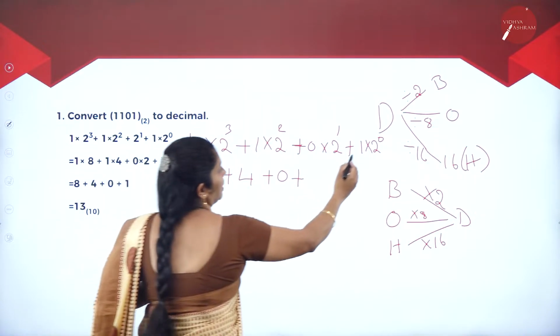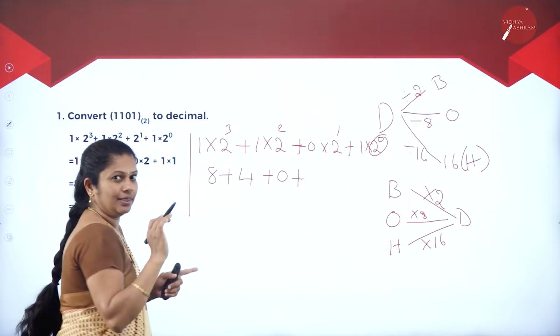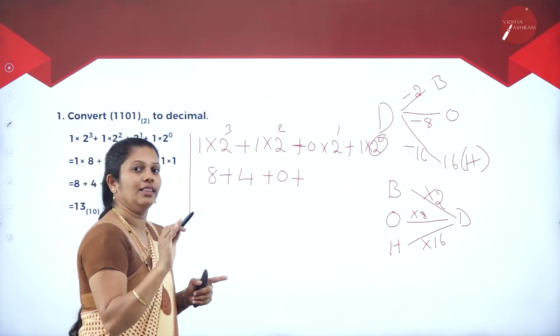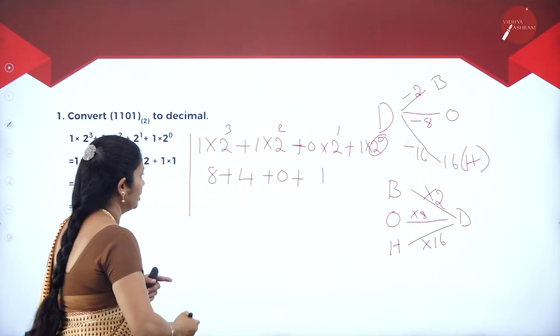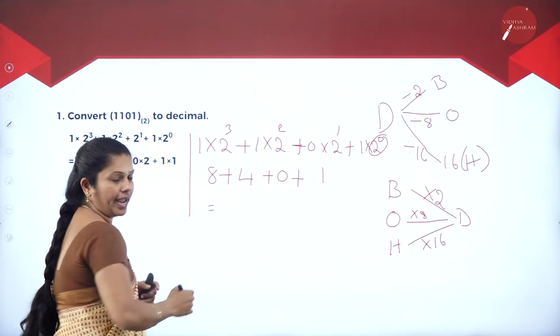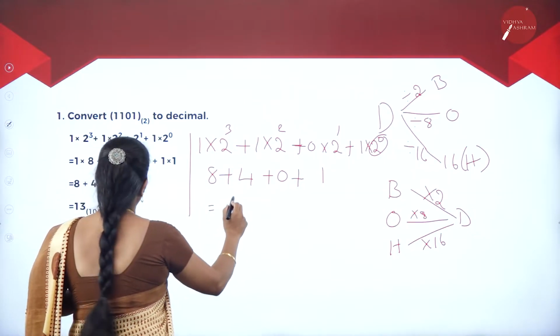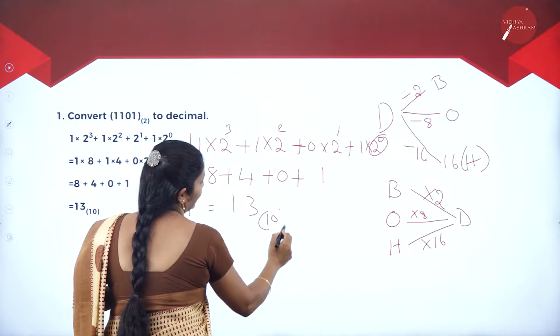Then 2 to the power of 0: any number with power 0 has the value 1, then into 1. Then add all the values: 8 plus 4 is 12, 12 plus 1 is 13. In the base, we have to write 10.